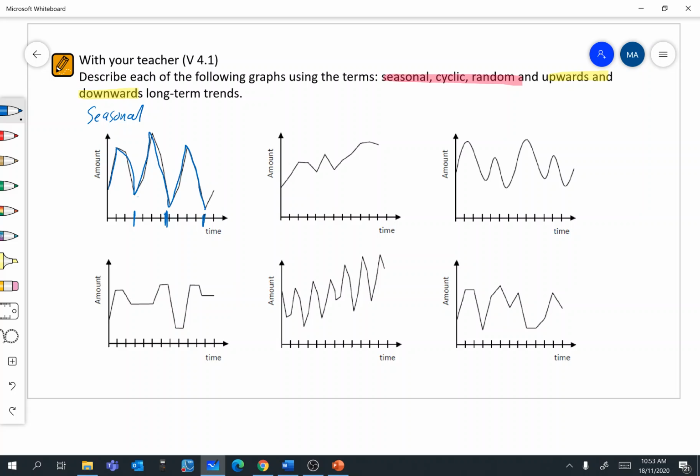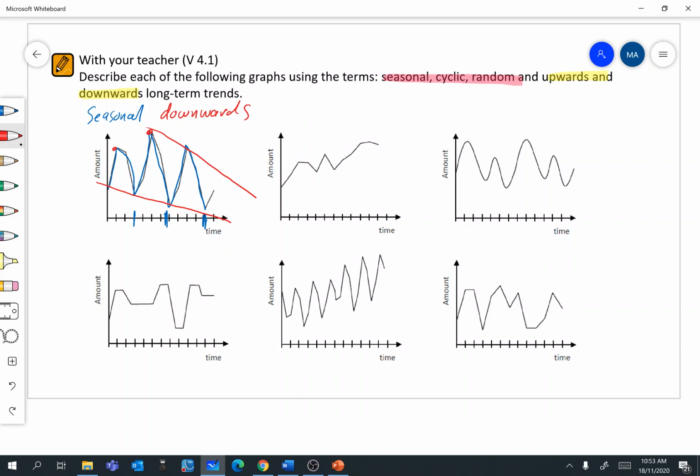It's roughly the same time between each peak. As for upwards or downwards, we're probably looking at a bit of a downwards trend here. We go up from the first peak to the second peak, but then we start to go down from there, and the troughs are lining up in a downwards trend. So we'll call this seasonal downwards.